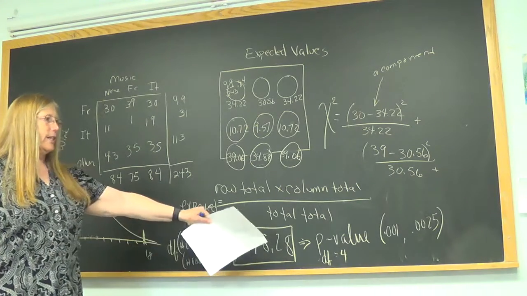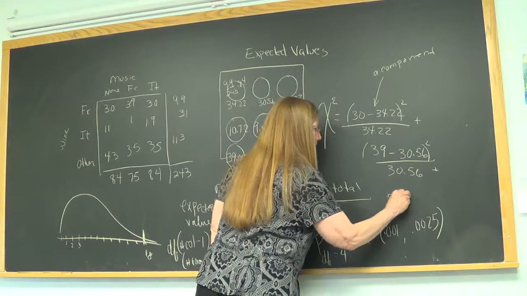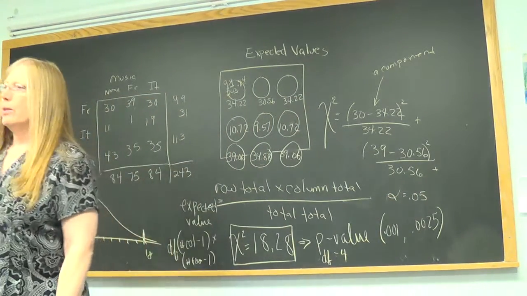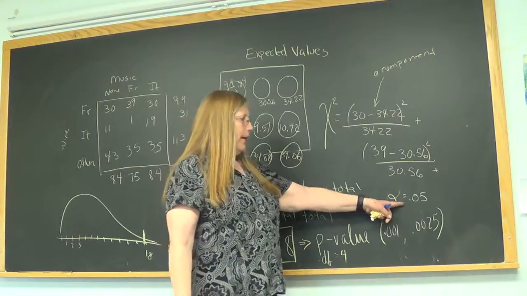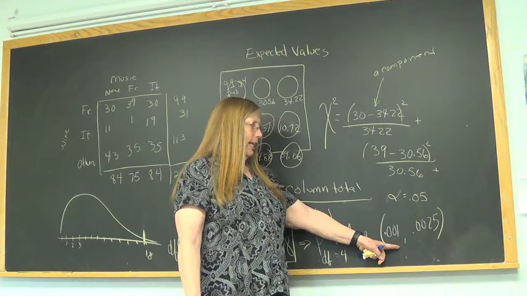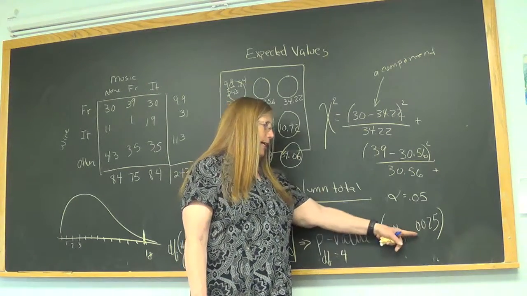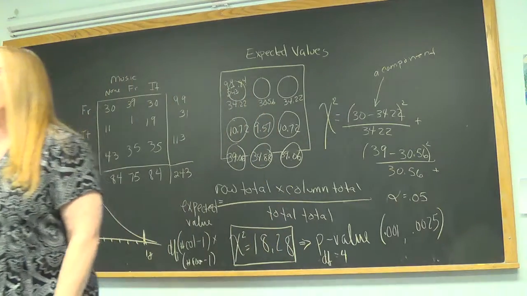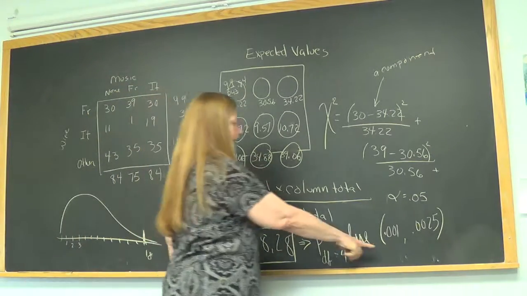First of all, let's finish it. Let's compare this to alpha. If alpha is 0.05, which we assume unless told otherwise, what should we do? The probability of us getting all these results is between 0.001 and 0.0025. We reject, because it's so rare that these results would happen.